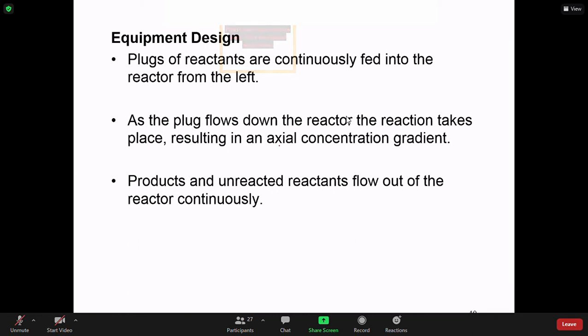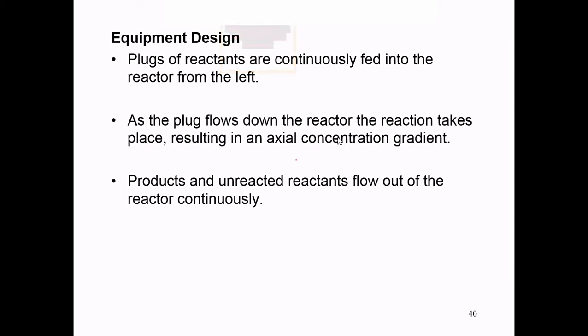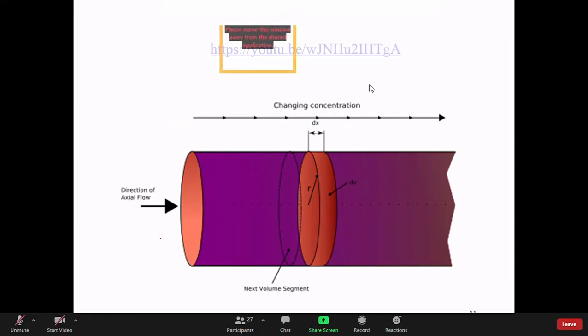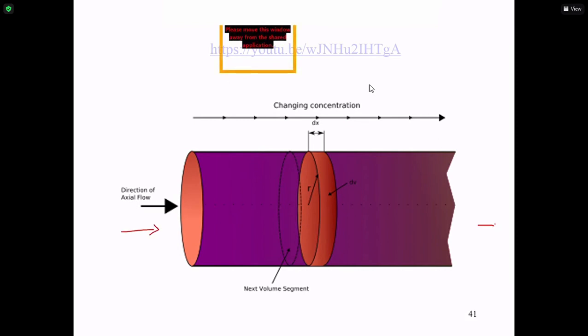Later on, we can see what the axial concentration gradient is. This is the concentration gradient. So you have the feed in here, and then this will be the products. Because the mixture moves in axial flow like this, in each segment there will be a different concentration.